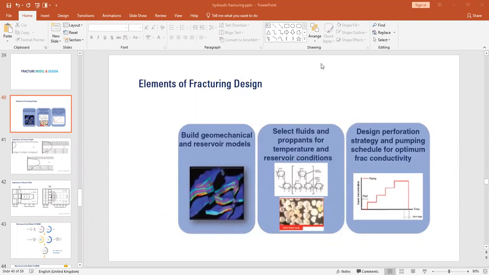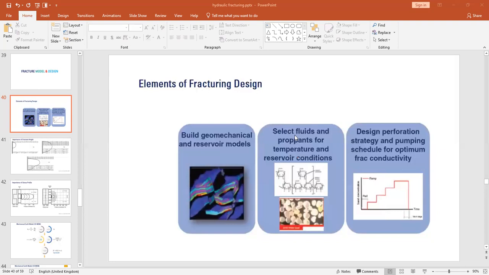these are the various elements that are required to design or to simulate the hydraulic fracturing. You need a good picture about the geomechanics. Then you need to have the right selection of the fluids and the proppant at a particular reservoir temperature and pressure.